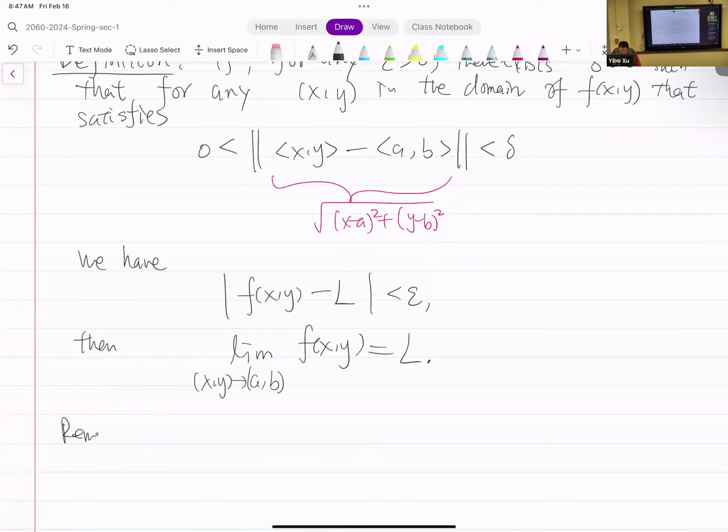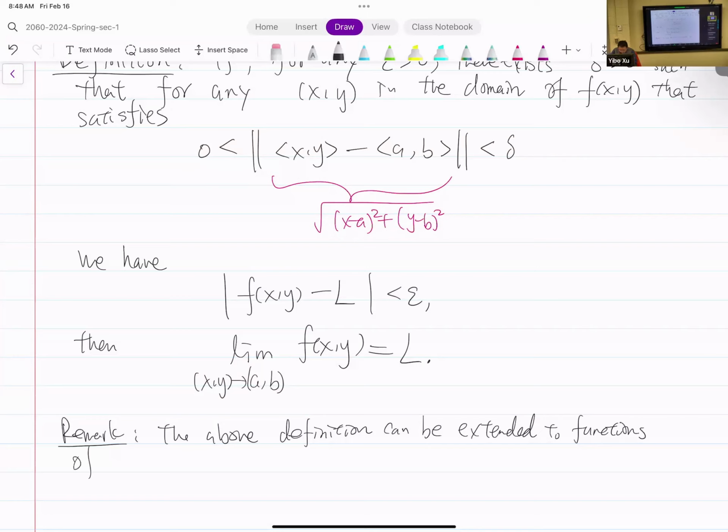Remark. The above definition can be extended to functions of, let's say, n variables.